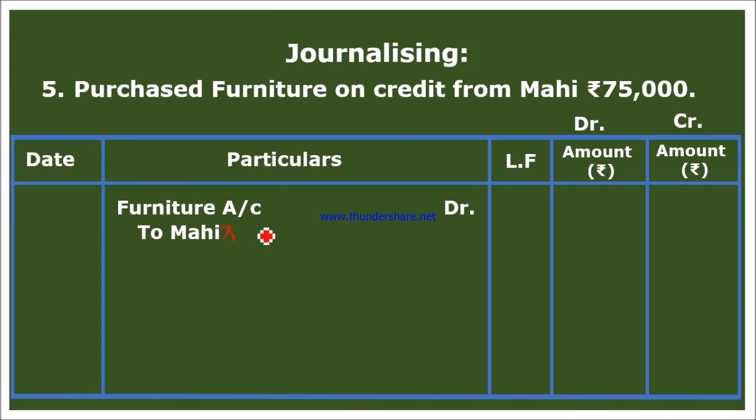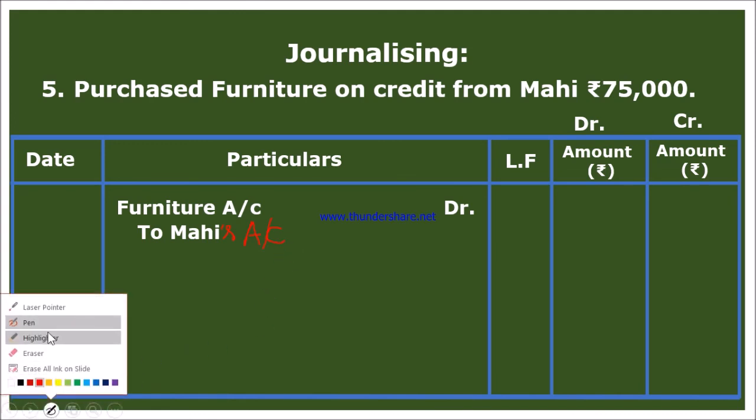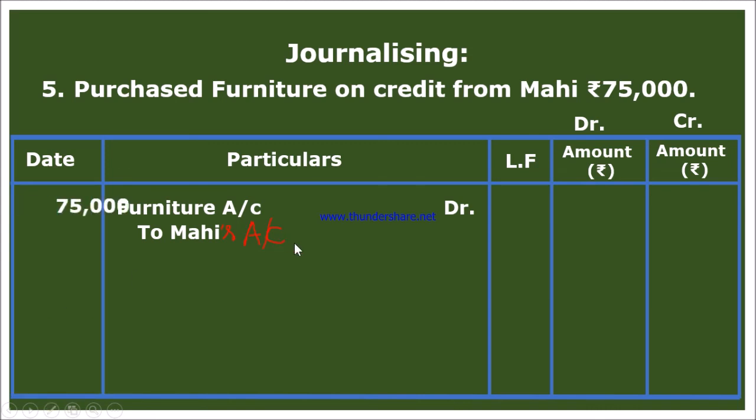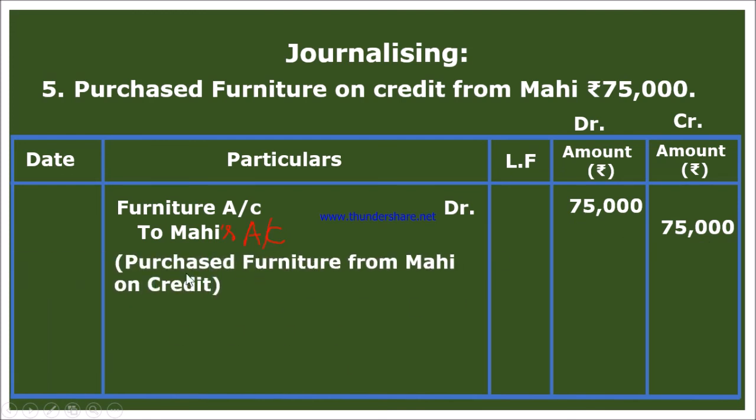You have to write Mahi's account, and the amount has to be written, 75,000 on both sides, and then the narration: purchased furniture from Mahi on credit.